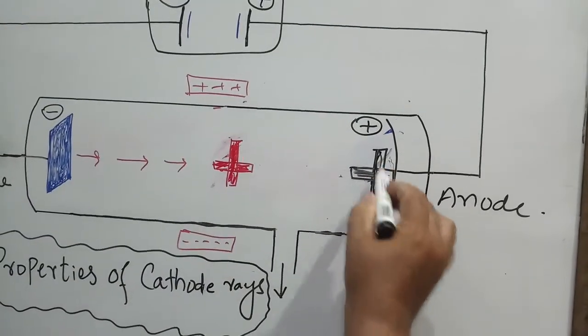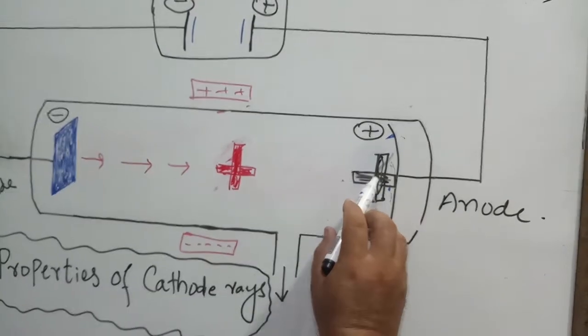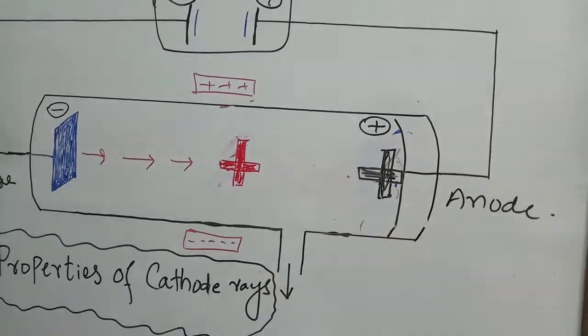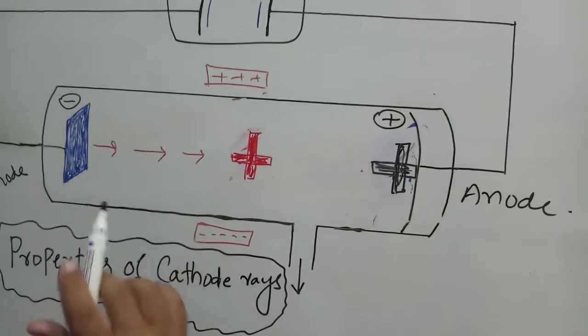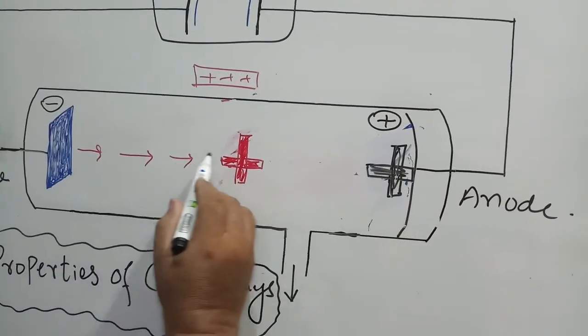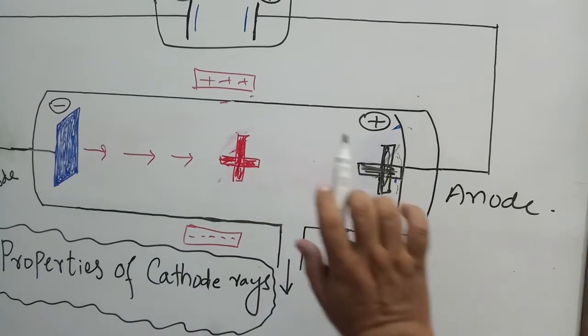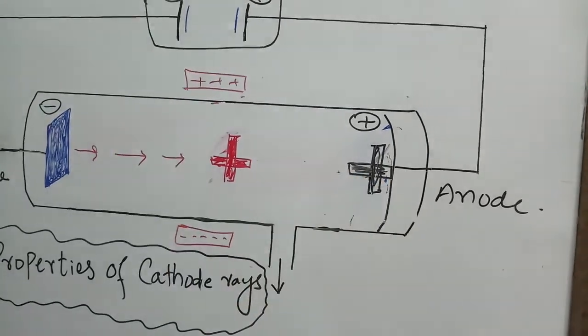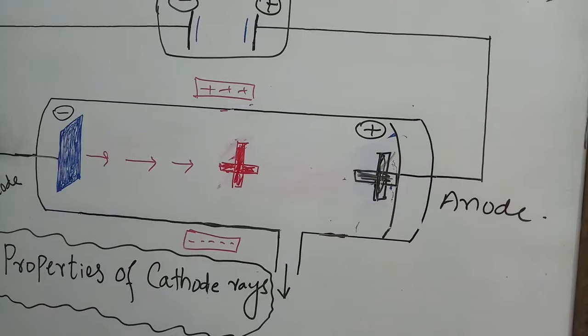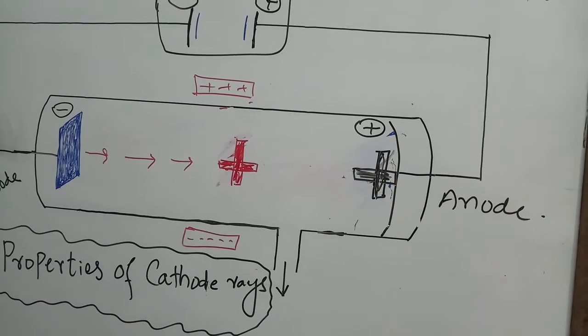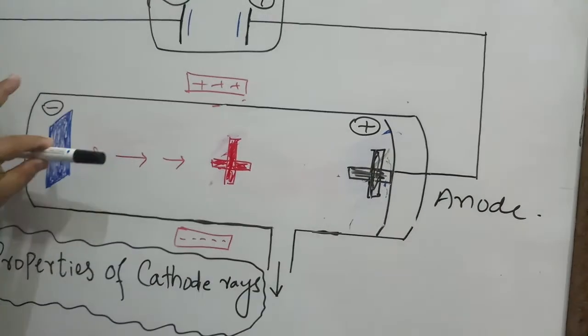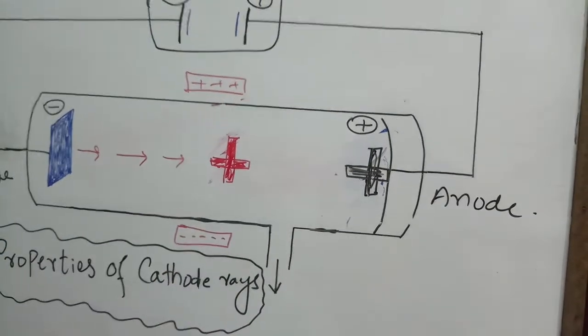It casts a shadow right in front of the object, so this indicates that cathode rays move in a straight line.